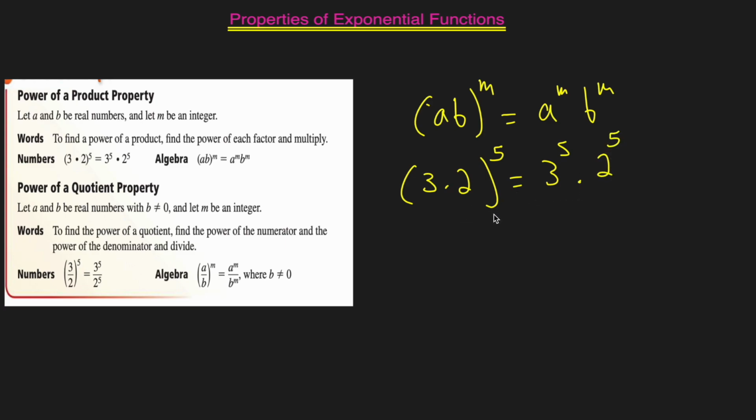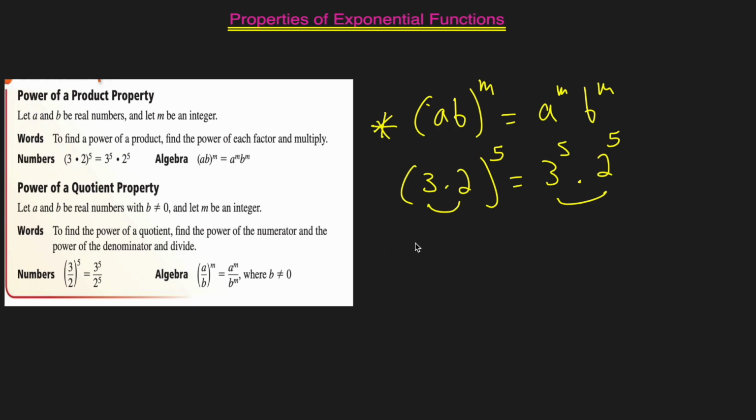This property is more important when we have variables than when we have numbers, because as of right now, you could multiply these together and get the same result as raising each one like that. But it would be more beneficial when we have variables.